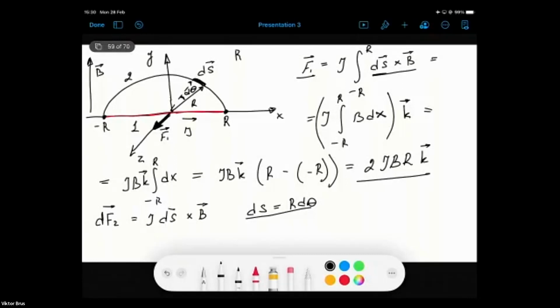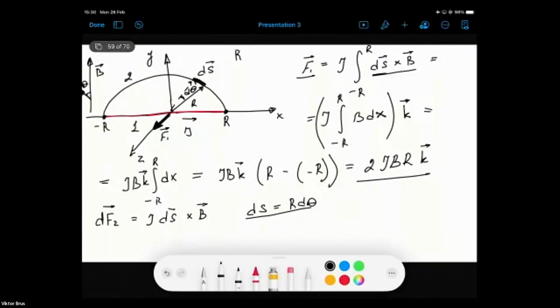If we consider this ds vector here next to the magnetic field vector, there will be some angle between them, and it will change if we go from one side of the semicircle to the other.